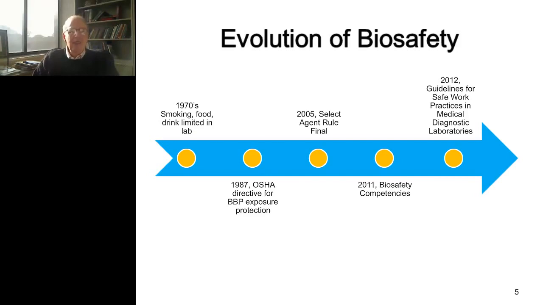1970s. There were no federal requirements. However, there were requirements from the College of American Pathologists standards. And this eventually became the norm, that no one was allowed to eat or drink, apply cosmetics, or smoke in the laboratory. Then in 1987, OSHA issued a directive addressing bloodborne pathogen exposure in the laboratory.